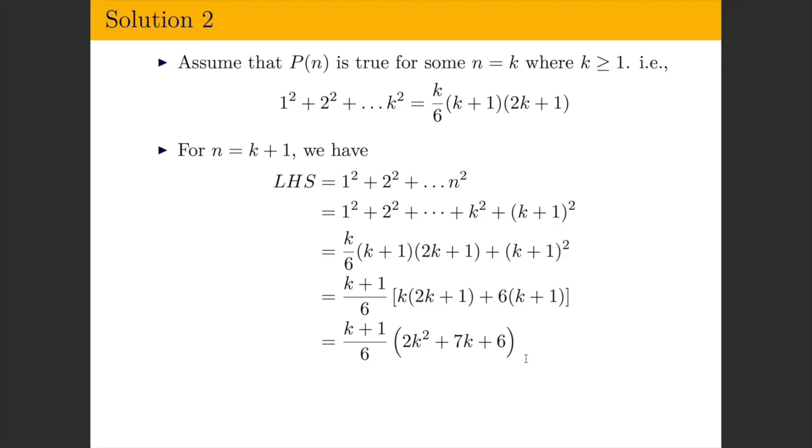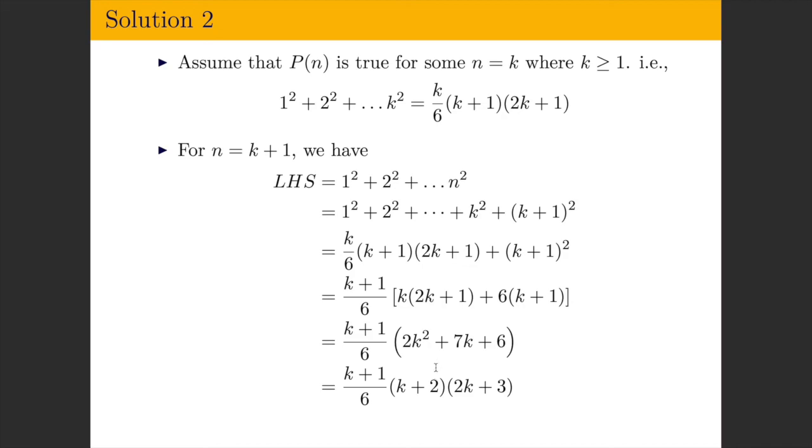And one more step after that, I notice that this is factorizable. And in fact, it factors into k plus 2, 2k plus 3. And now we're starting to look something very similar to the original proposition.